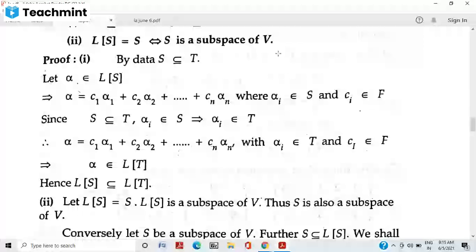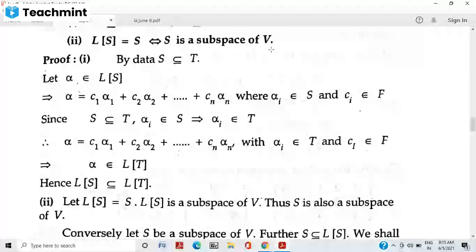Next we should move on to the converse part. For the converse part, what should we assume? S is a subspace of V. Then what do we have to prove?